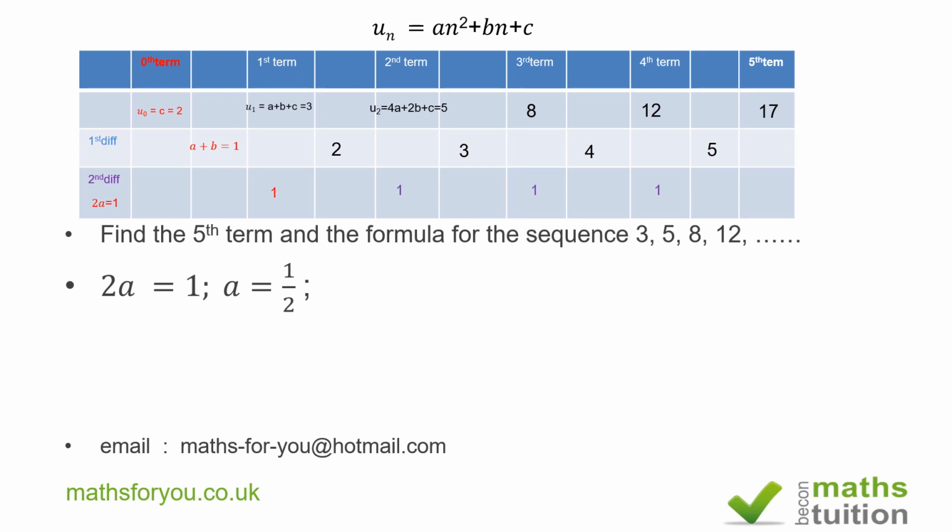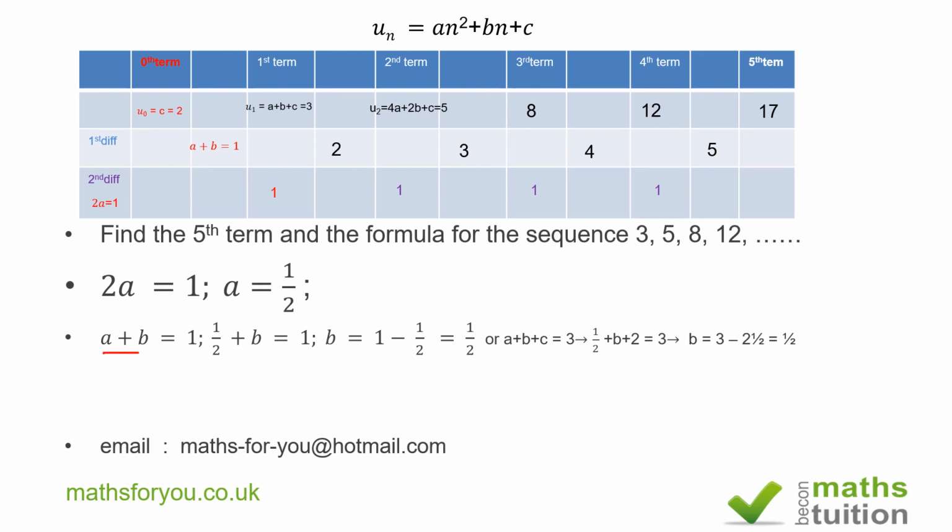We are now in a position to find b either by saying that a plus b is 1, because we know a already, or we can say a plus b plus c is equal to 3, the first term, because we know a, we know c. What I've done here is to say, well, a plus b is 1. So we know a is a half, plus b is 1.